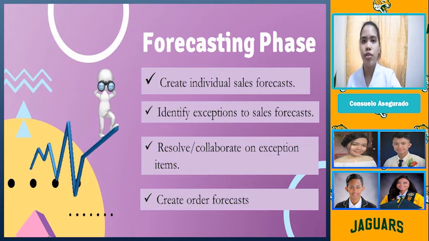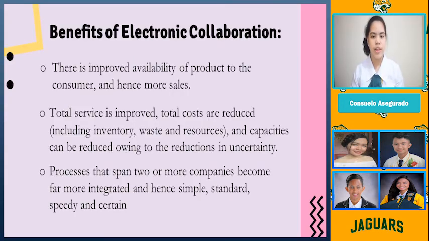The parties negotiate and produce an adjusted forecast. Next stage is create order forecast. The order forecast relies on point of sales data, causal information, and inventory strategies to generate a specific forecast that supports the shared sales forecast.